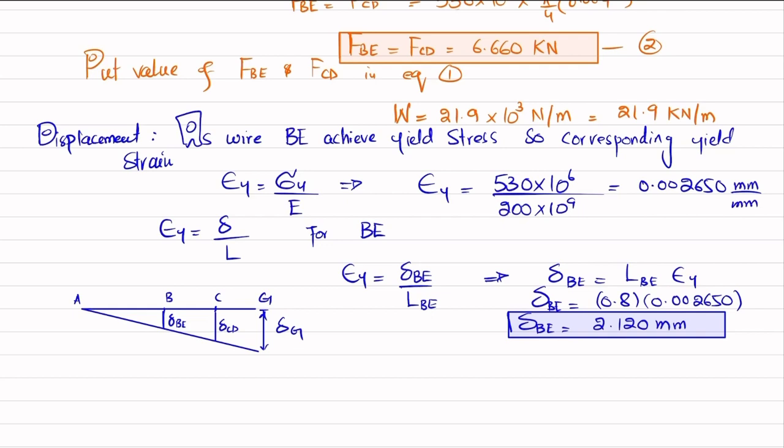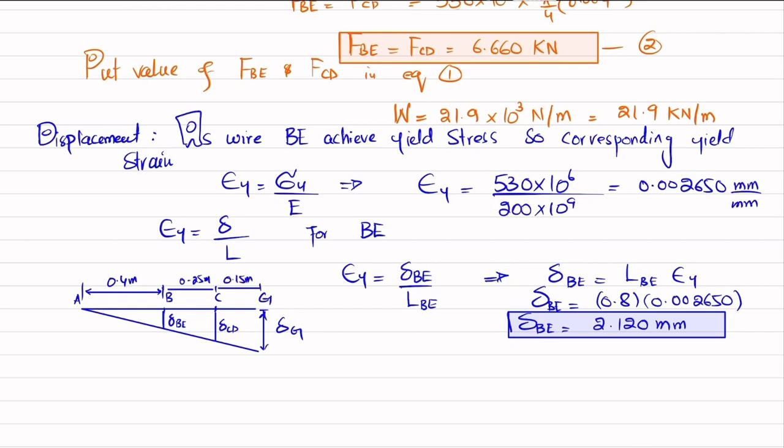So we know that the distance between A and B was 400 millimeter, which is 0.4 meter. The distance between B and C was 0.25 meter. And distance from C to G is 0.15 meter.